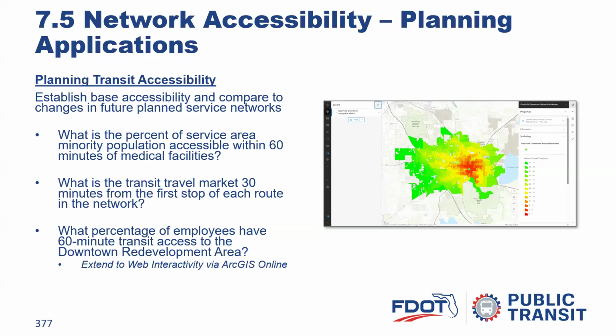You can also say, what is the transit travel market 30 minutes from the first stop of each route in the network? You can ask, what percentage of employees have 60-minute transit access to the downtown redevelopment area, right? So all of these are certainly questions you can pose to this tool, and it could answer for you.